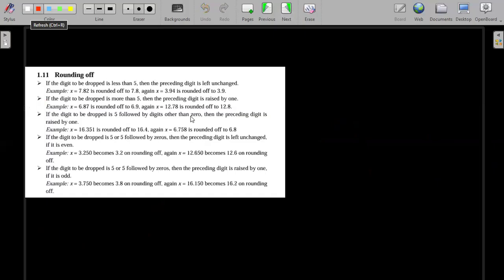So we go to the issue of rounding off. We are trying to round off numbers now. Let's see some of the rules we apply when we are trying to round off a number.